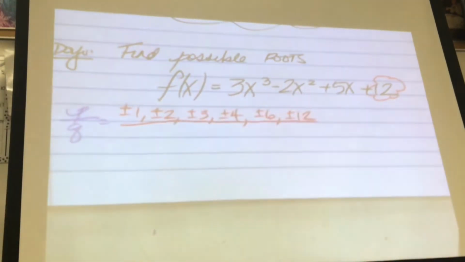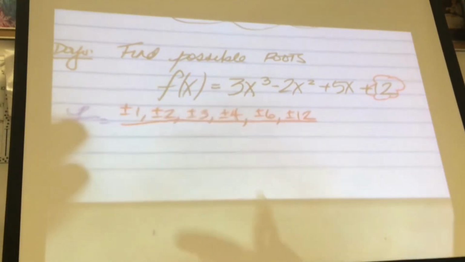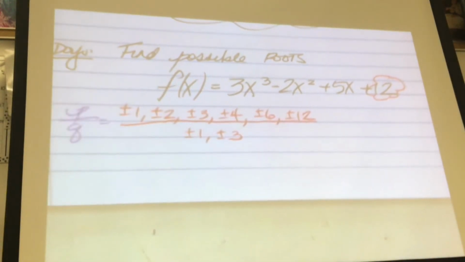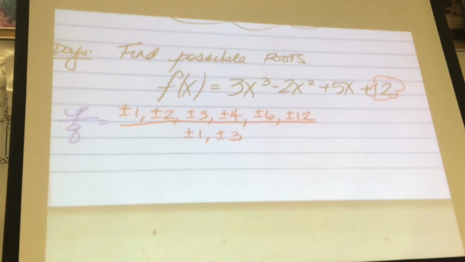All over. The only thing that divides 3 is 1 and 3. But you can't leave your answer like that tomorrow. Some of you guys are notorious for doing half of the work. This is the setup. This is not the answer. Kyle, what's your final answer?